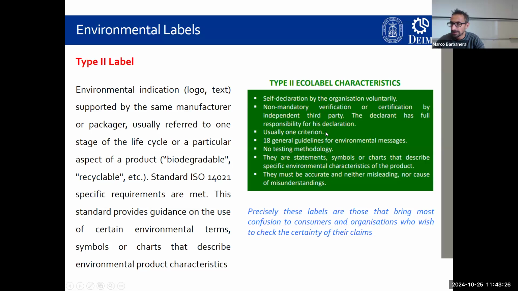Okay, this is another important difference from the Ecolabel. The main two differences are that type 2 are self-declaration labels, and they refer only to one criterion.